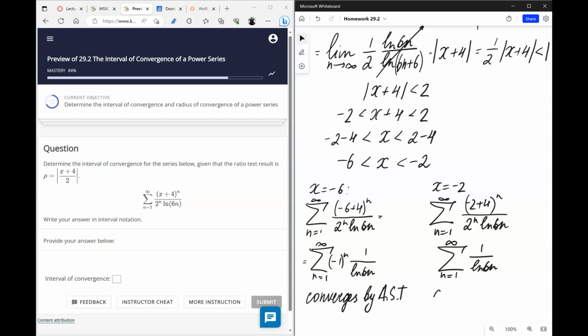And this series actually diverges, and we can make this argument using the direct comparison test. So this series is greater than 1 over 6n, which diverges because it's a harmonic series. So we include -6 in the answer, and we don't include -2. So the final answer is from -6 included to -2 not included.